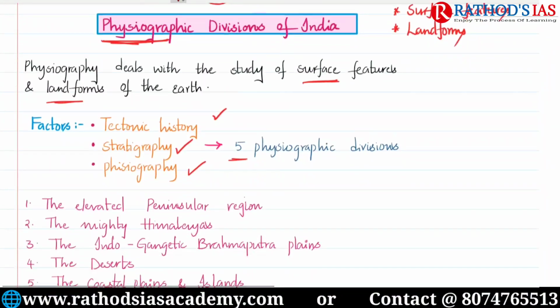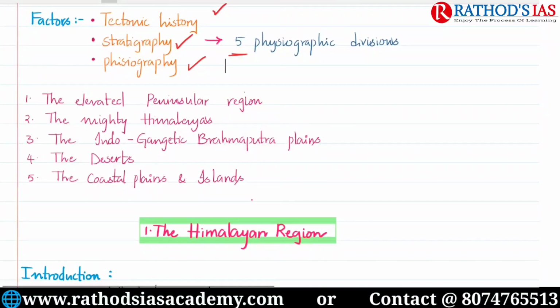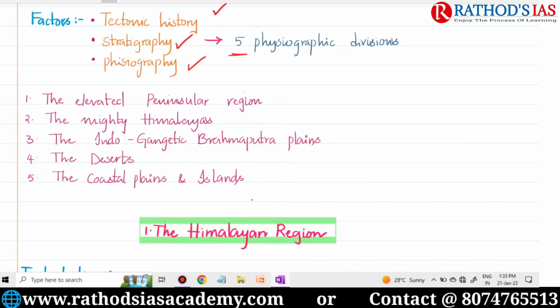So what are those 5 important physiographic divisions? First one is the peninsular region, that is the elevated peninsular region, and next one is the mighty Himalayas, third one is the Indo-Gangetic plains, fourth one is the deserts, and fifth one is the coastal plains and islands.